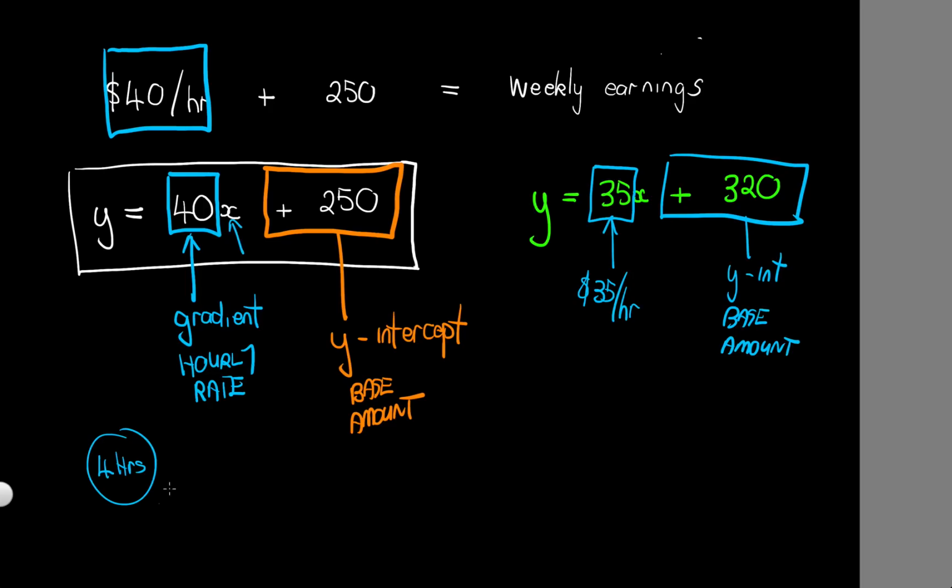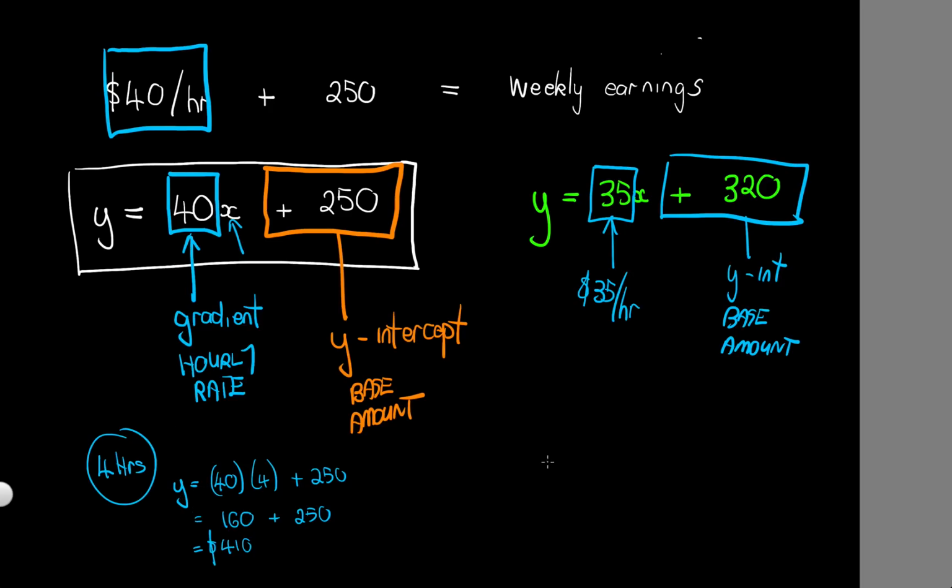So for this one, the amount of money earned will be Y equals 40 times 4, so it's 4 hours, plus 250. So that will equal 40 times 4 is 160, plus 250, and that will equal $410. So $410 if I work for 4 hours with this pay rate.